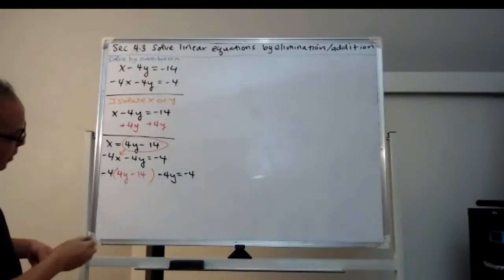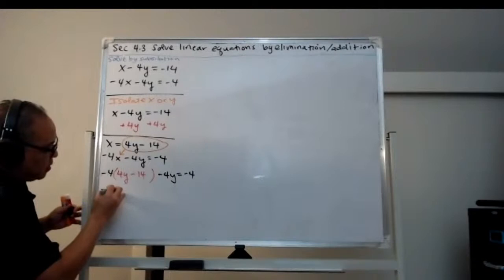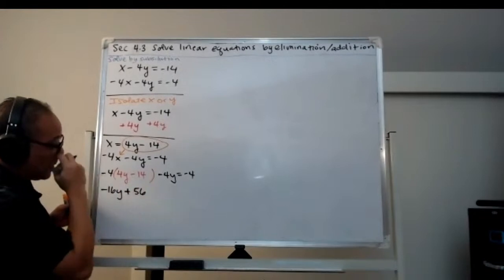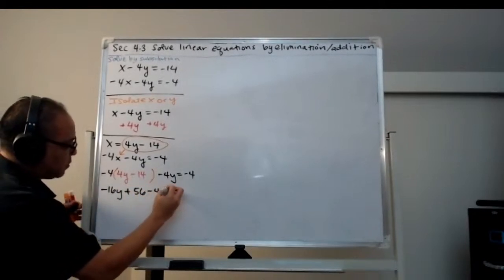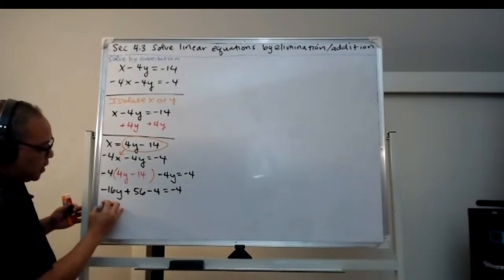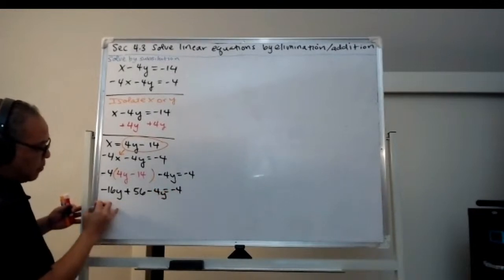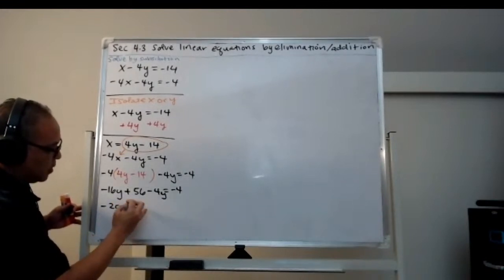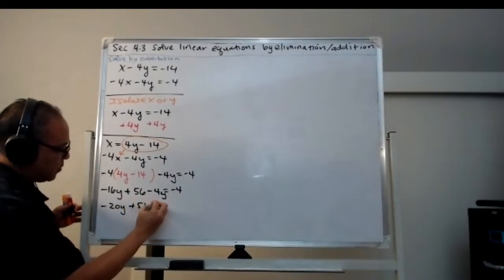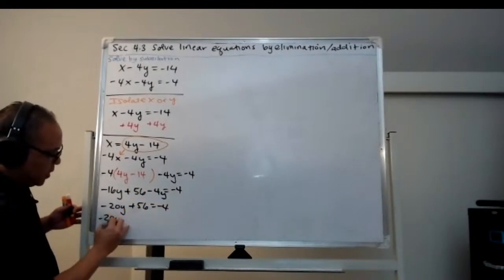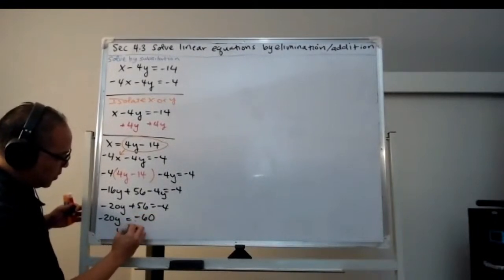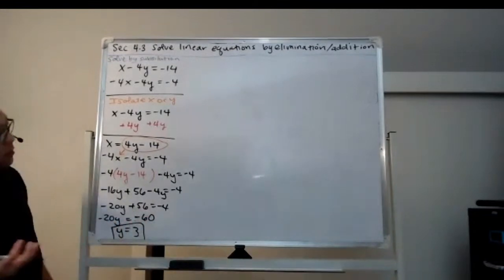And then we would solve for y. Plus 56 minus 4 is equal to minus 4. We would get minus 20y plus 56 is equal to minus 4. Minus 20y is equal to minus 60. And then y is equal to 3, and that would give me my one answer.